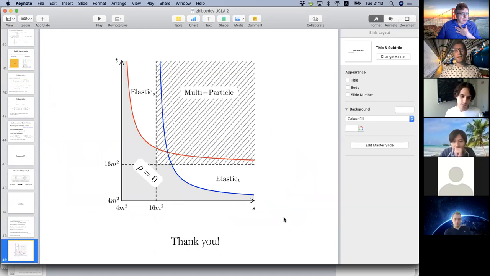What I was proposing here is that we are being maximally agnostic about this multi-particle region. Maybe we can go a little bit inside, but I didn't tell you much. And so the question is, can you actually solve a theory without talking about this region?